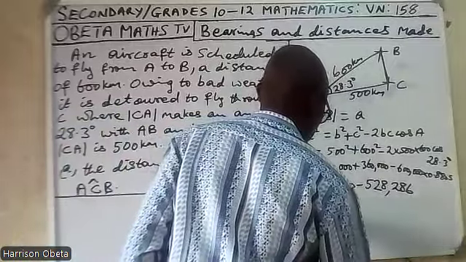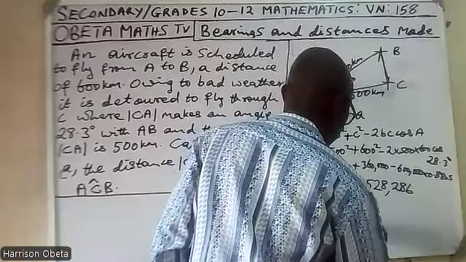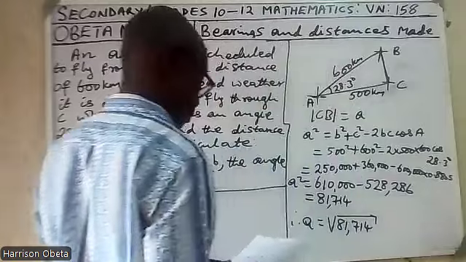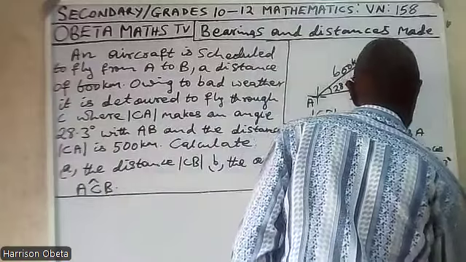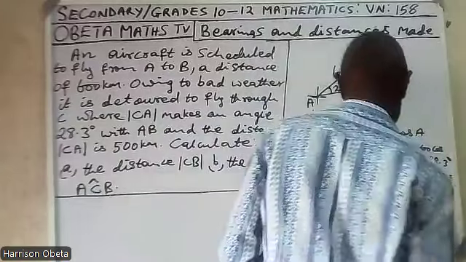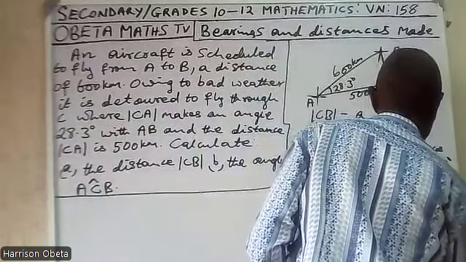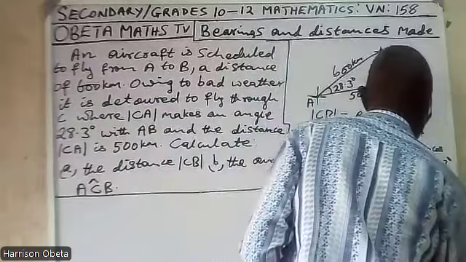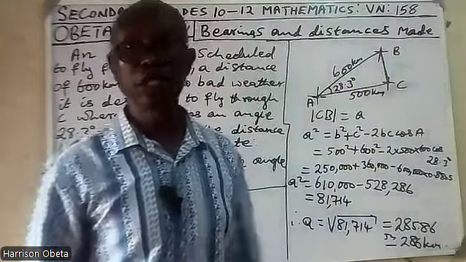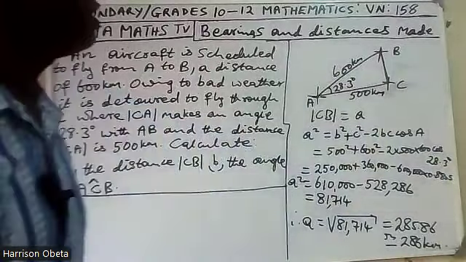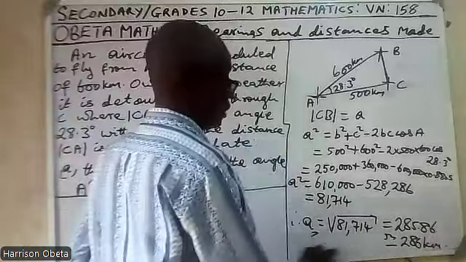Therefore, A is equal to, find the square root of this, 81714. If you do that, we're going to have 285.86, approximately equal to 286 kilometers. So we have succeeded in getting the distance from B to C, which is A. And that is this.